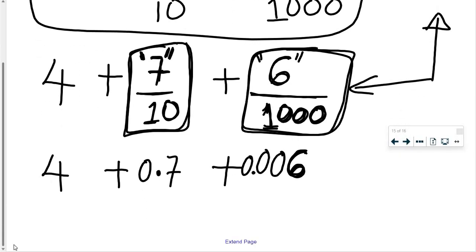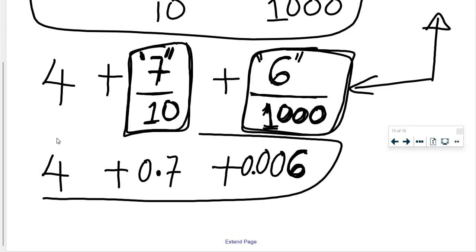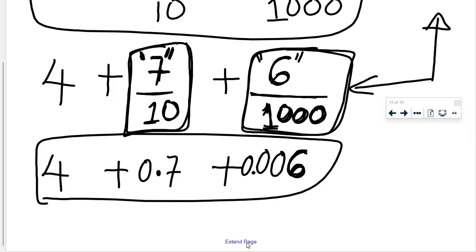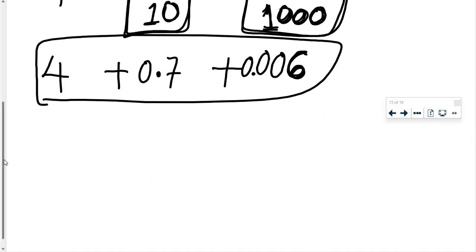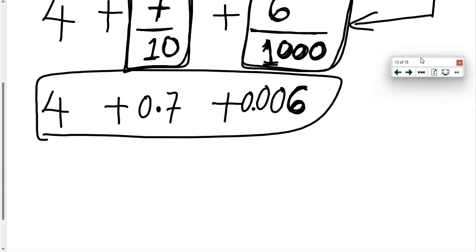Now, how do we add a whole number with a decimal number which has 1 decimal place and another decimal number which has 3 decimal places? Here we need to balance decimal places. Here we have 3 decimal places. Write 0.7 with 3 decimal places.